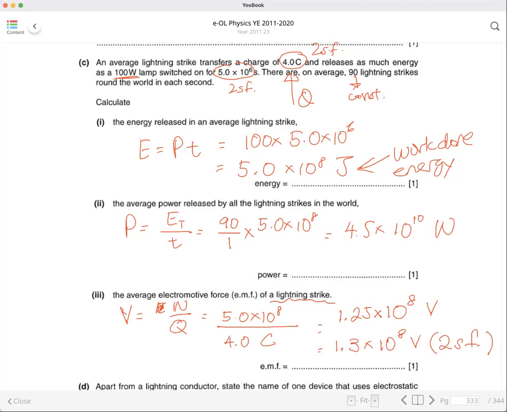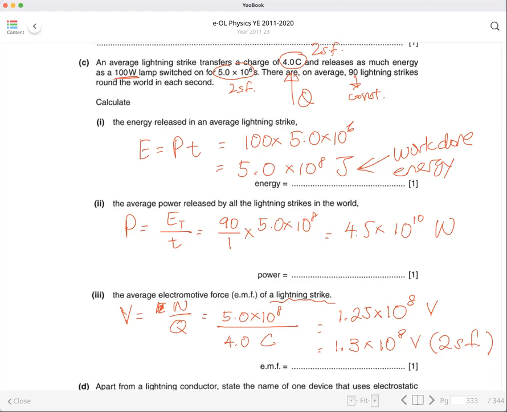Then at the end, put there 2SF. Ryan, you can do that as well, no problem, because the formulas are all linked. Understand? Change it to 1.3.